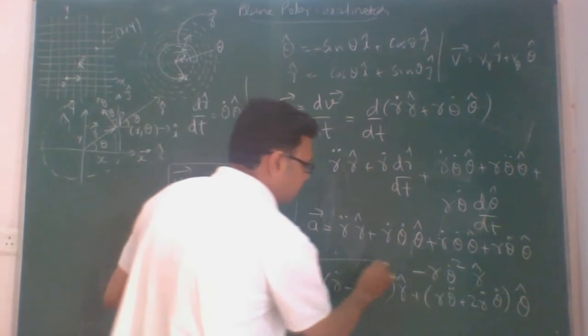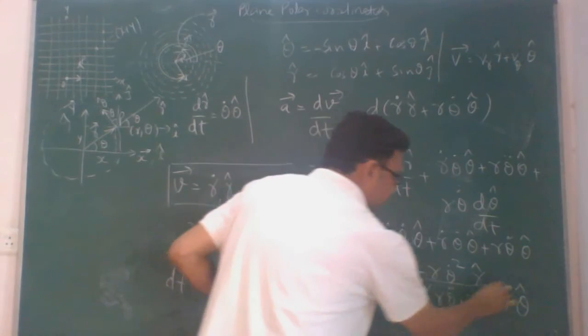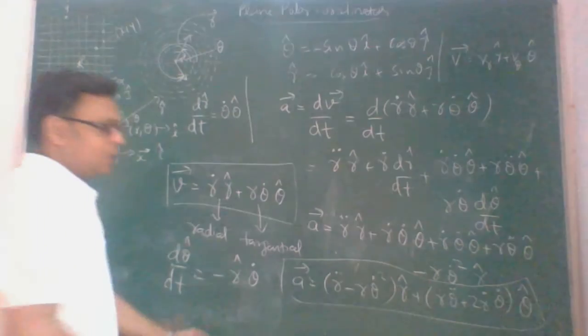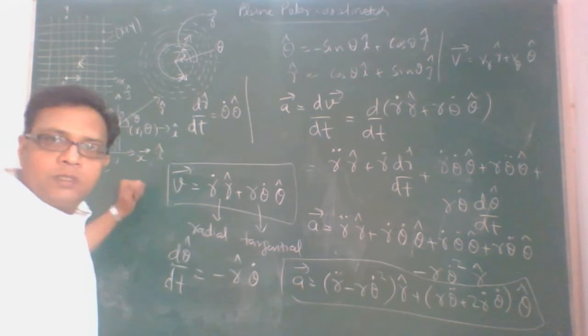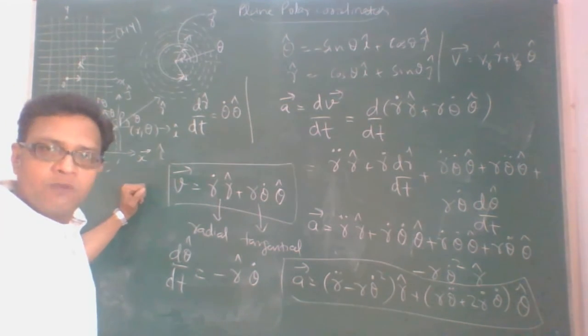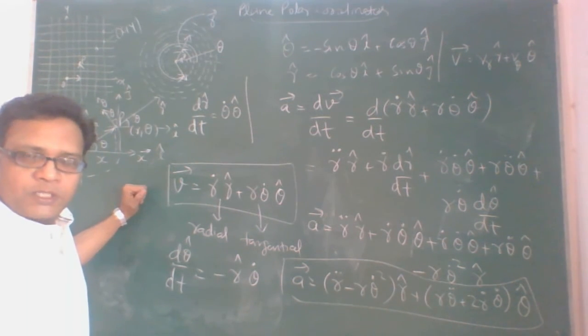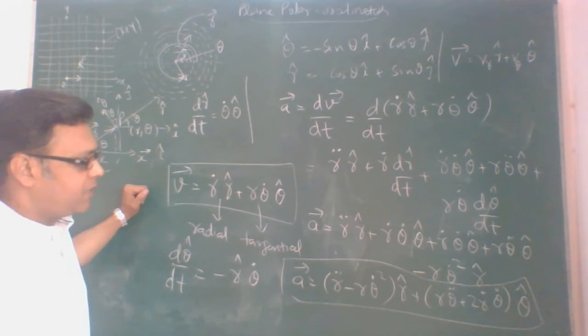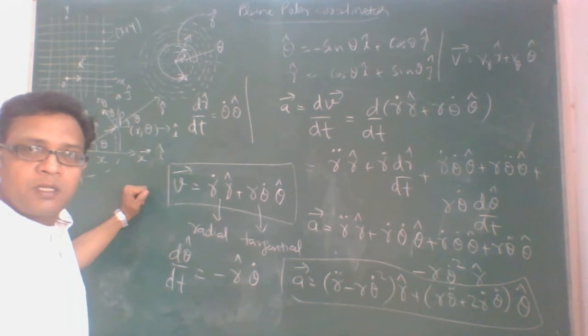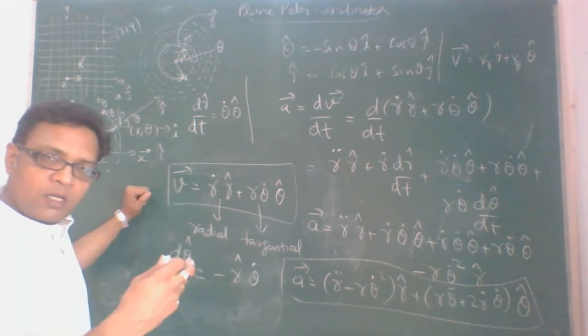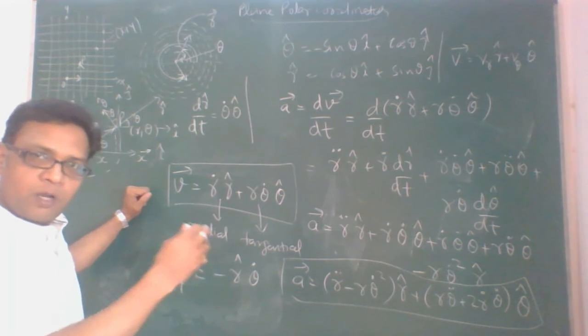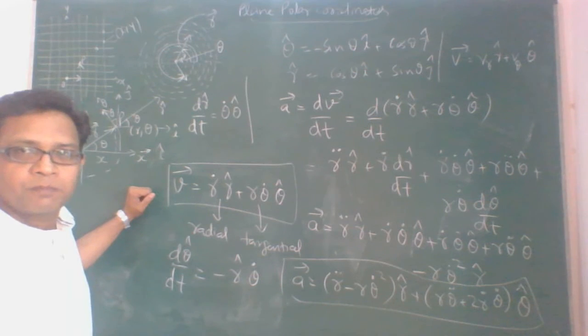Let me keep this highlighted. So the two typical expressions you have got for this new plane polar system: velocity having radial part as well as tangential part, and acceleration having radial part and tangential part both.